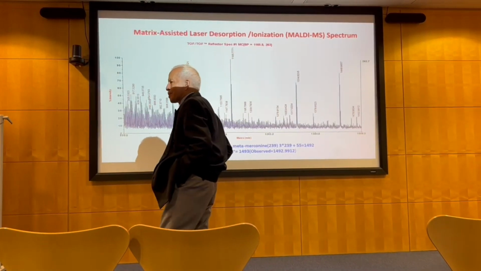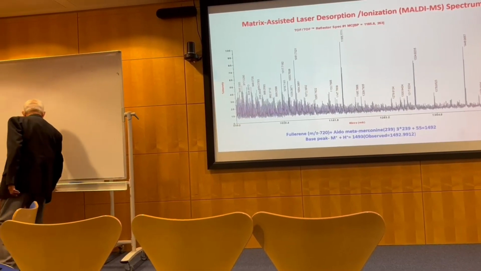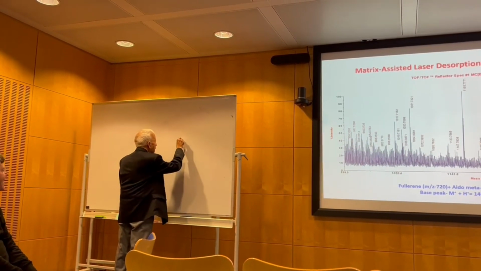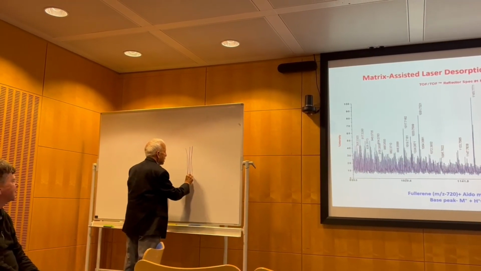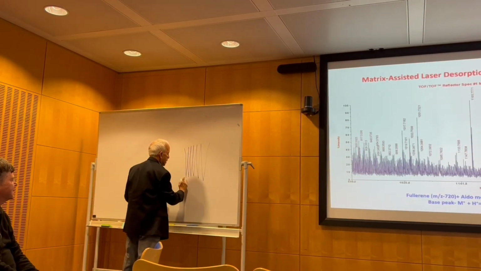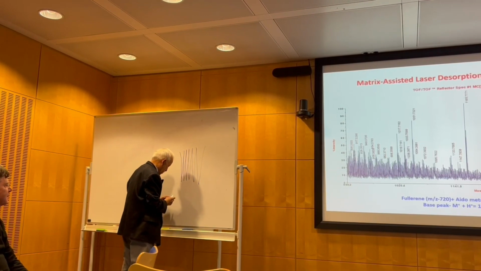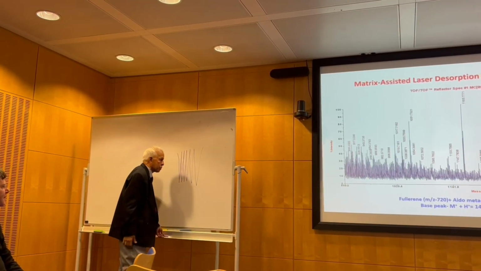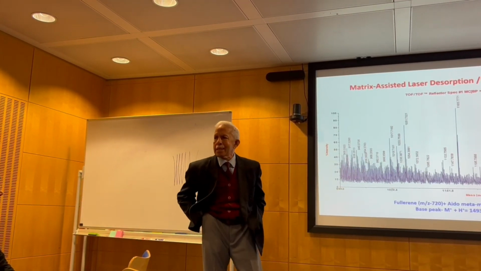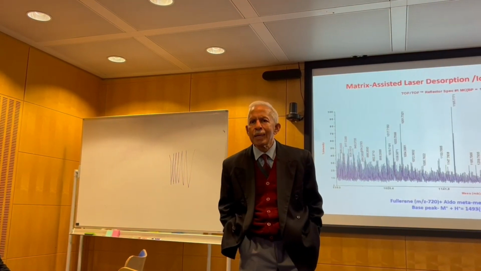I arranged for an ESR to be done. Those who have seen inorganic chemistry textbooks, it will be 6 parallel lines of equal intensity. Mine was slightly distorted. What did I see?